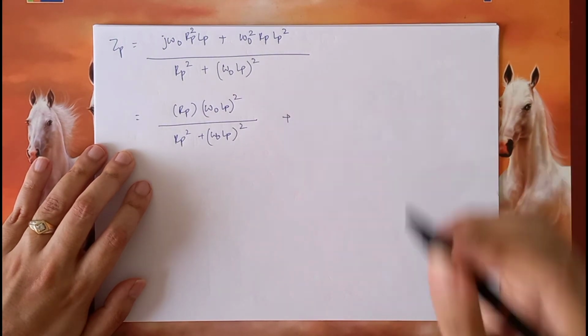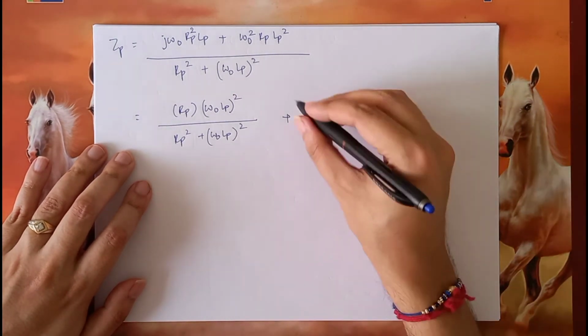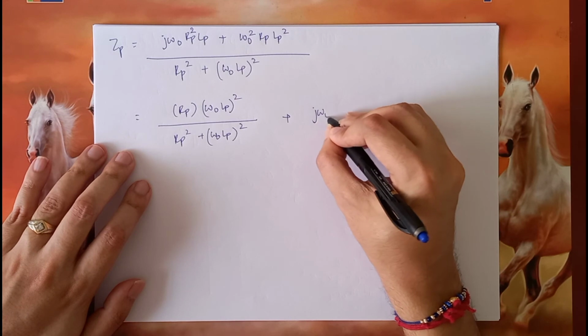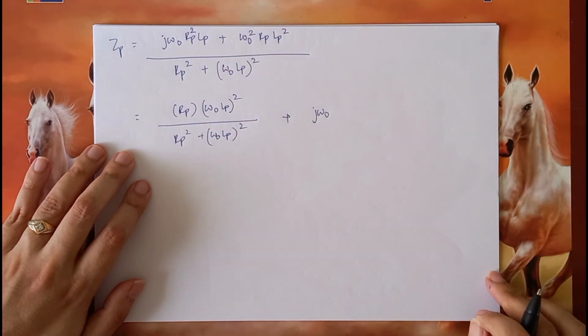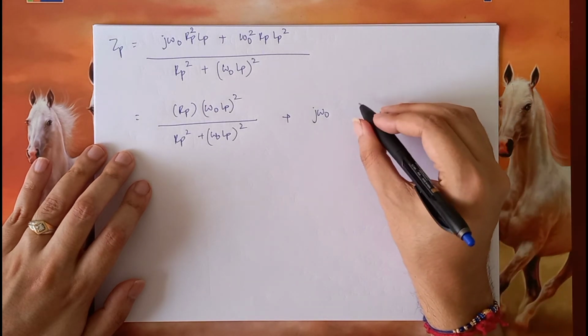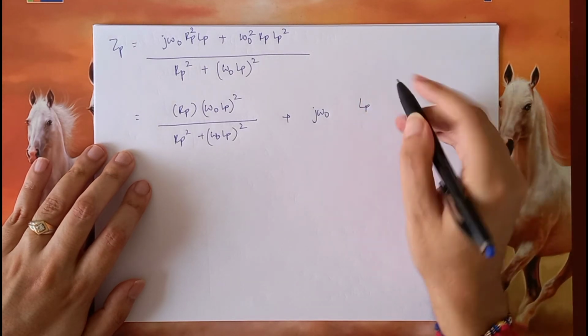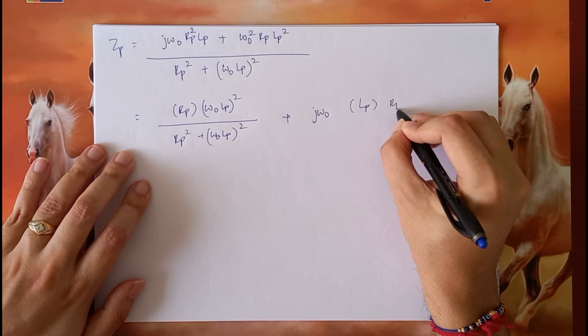And over here in the imaginary part, let's take out j omega 0 from here, and let's keep LP in the numerator and keep RP square separately.